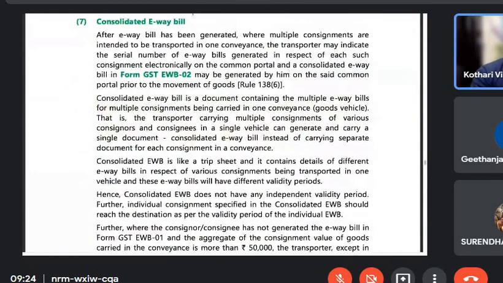There is something called a consolidated e-way bill. Say you are having 10 individual e-way bills, and those 10 are going in a single vehicle. Then you can generate a consolidated e-way bill giving the 10 e-way bill numbers, that is form GST EWB 02.